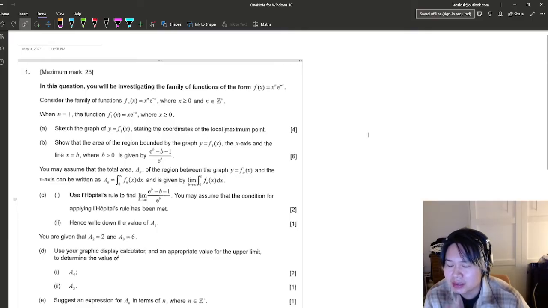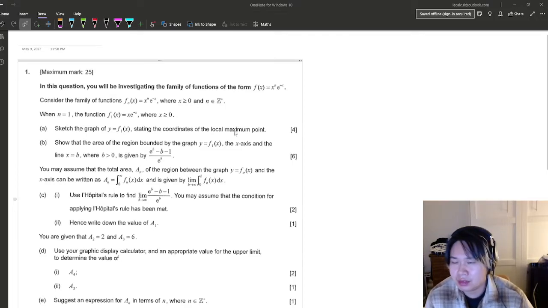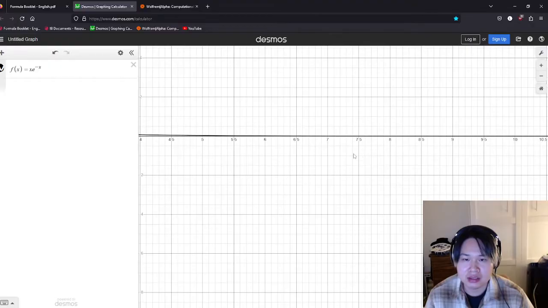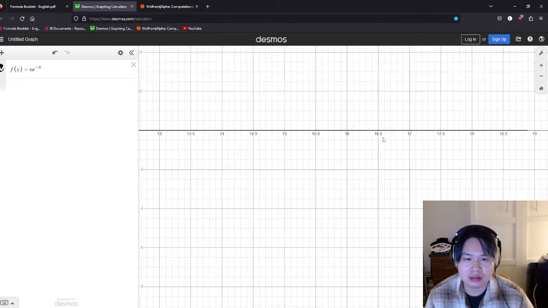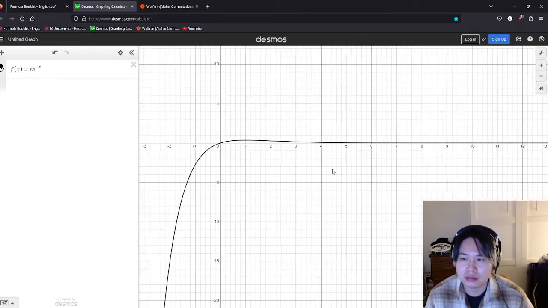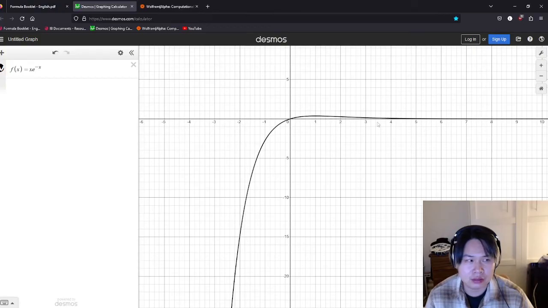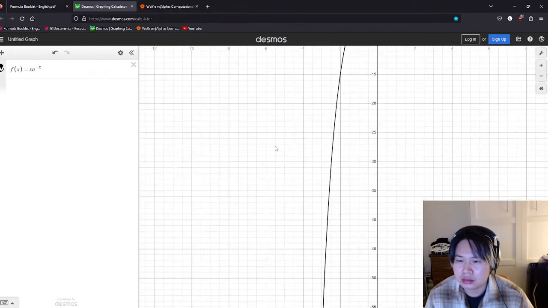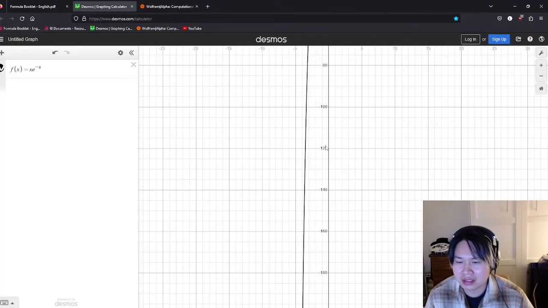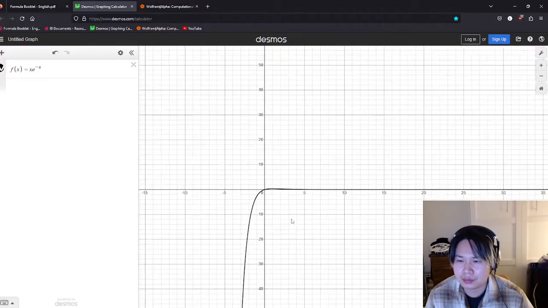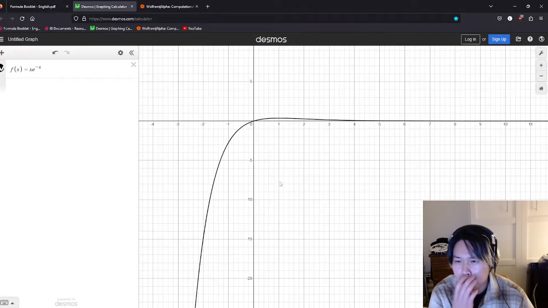Well, they want you to state the coordinates of the local maximum point, which you can figure out using your GDC. There seems to be a horizontal asymptote at 0 when we go to the right. I feel like there's a vertical asymptote, but maybe there isn't. No, there is not.